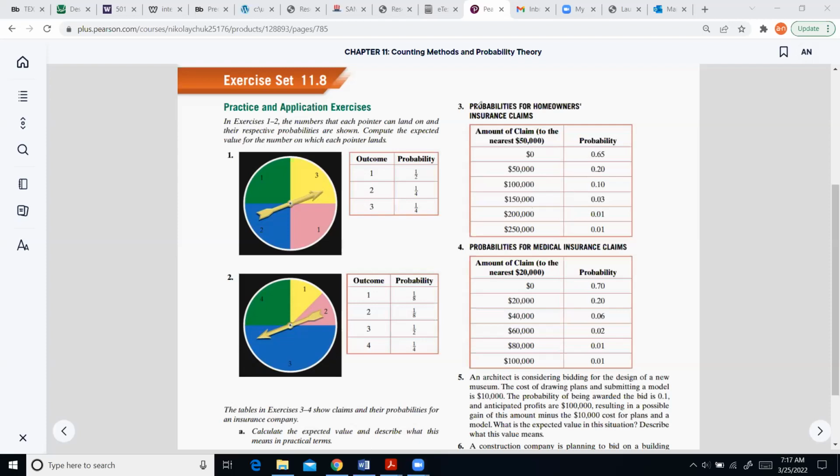For example, in exercise 3, it says claim amounts are here. So there is no claim with a chance of 0.65, so $0, the insurance company pays with a probability of 65%. The next possibility is they pay about 50,000, and the chance of that is 20%.